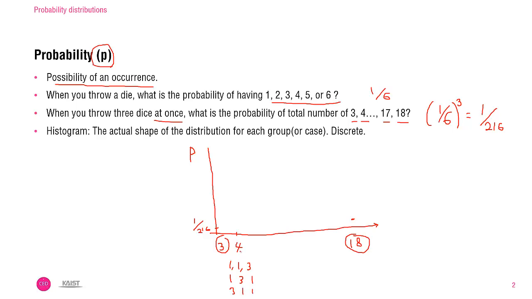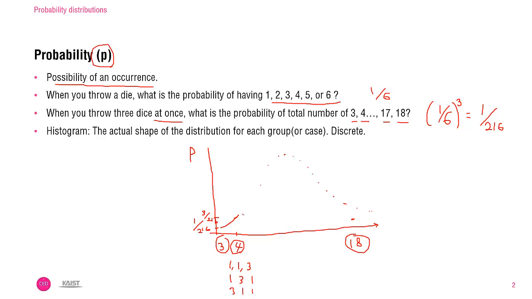So already to have a total number of 4, you have 3 times higher probability, right? So here corresponds to 3 over 216. In this way, you can accumulate the frequency and it will appear somehow in this shape. That's what you can easily guess.